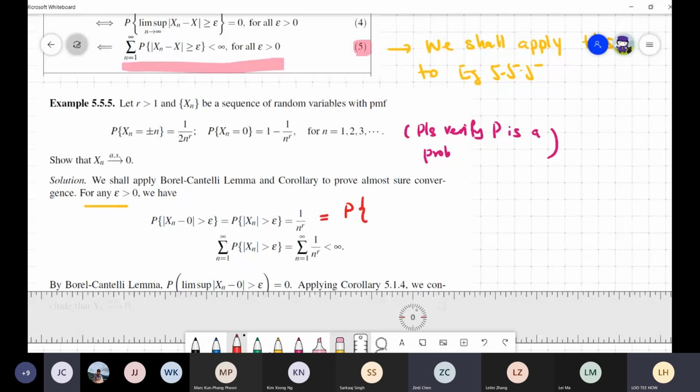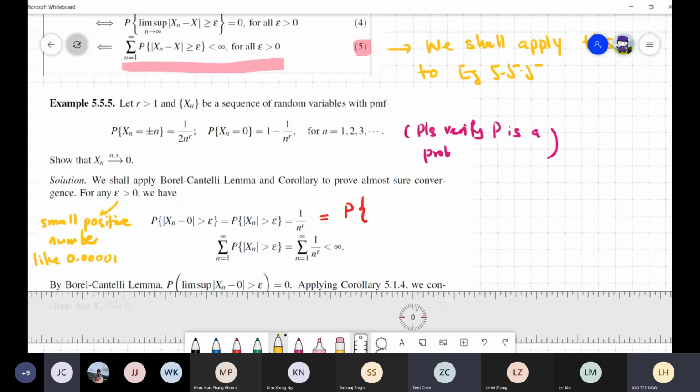Usually when we say epsilon, we always take a small positive number, like 0.00001 or 0.001.